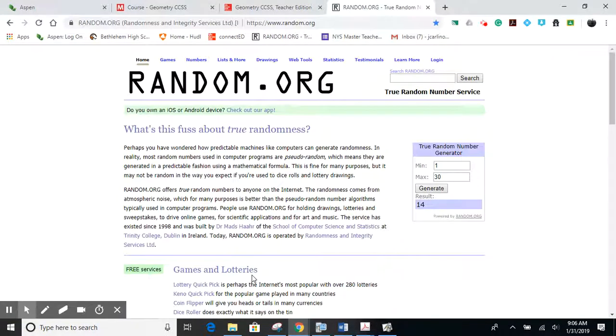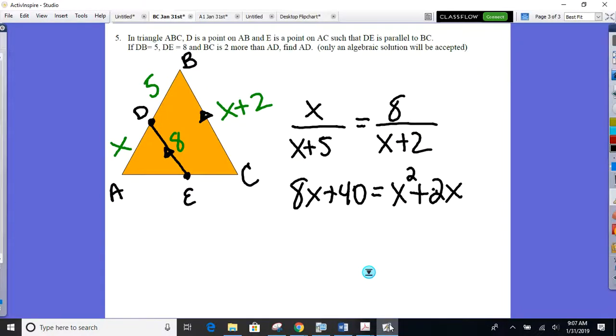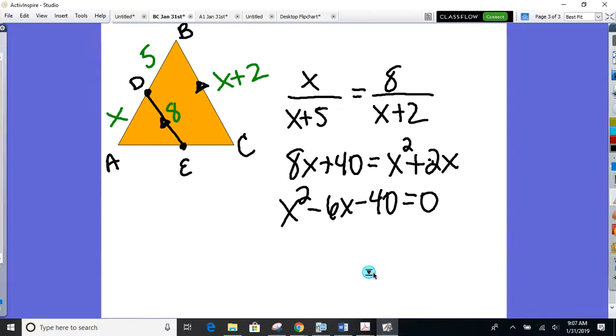What's going on? Next. Okay, set one side equal to 0. Good. We're okay so far.